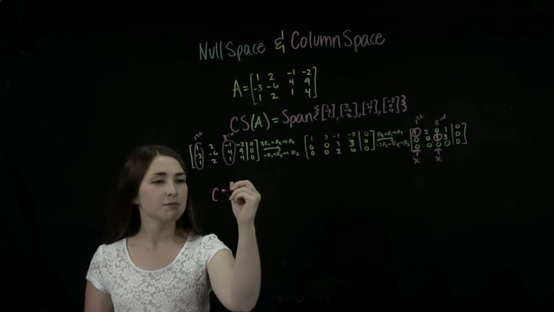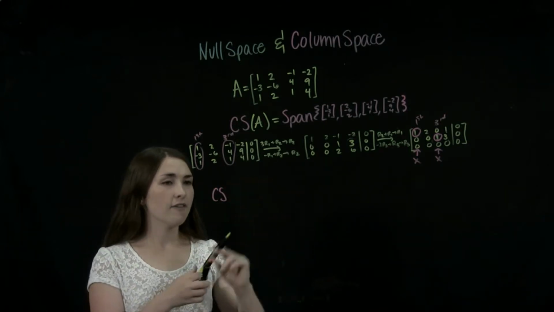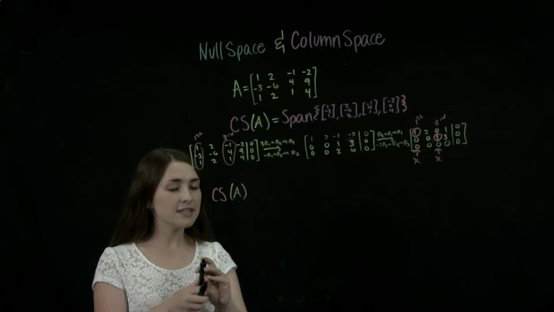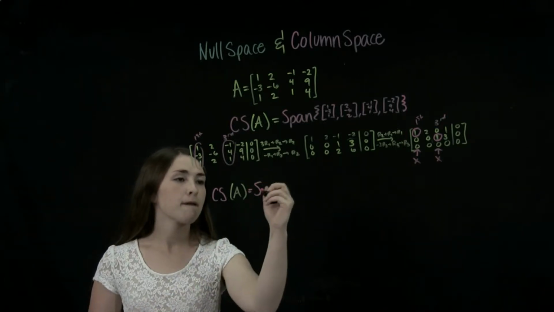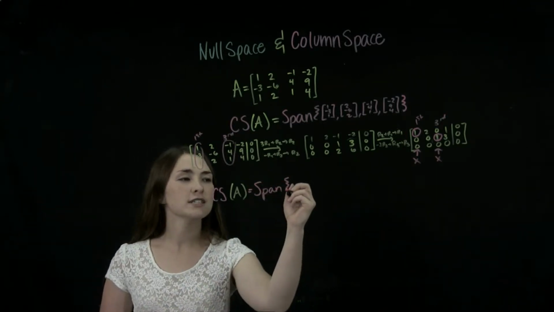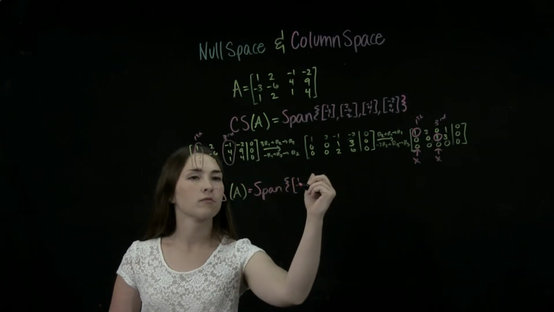So our column space of A is still going to be the span, but it's going to be the span of just these two vectors.